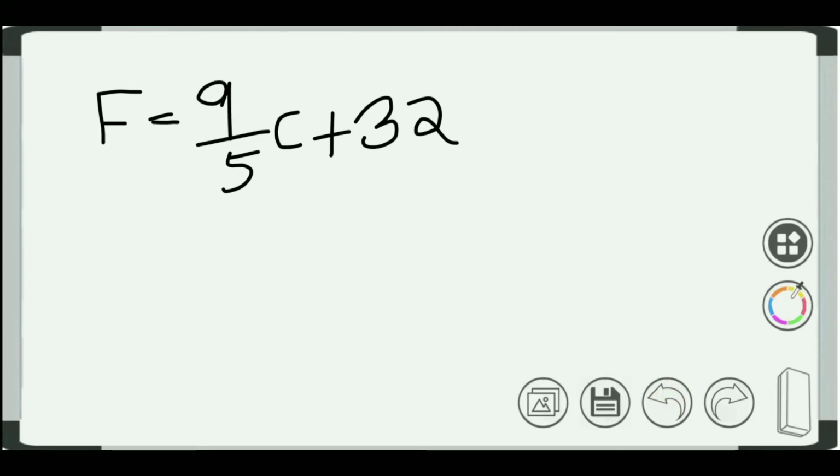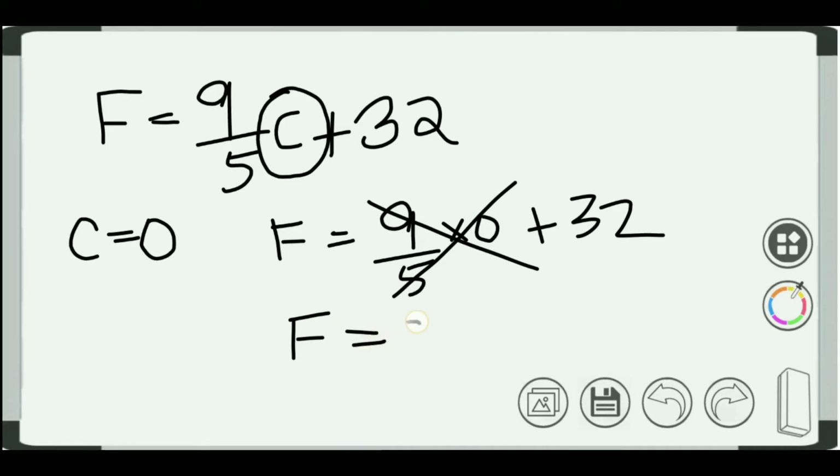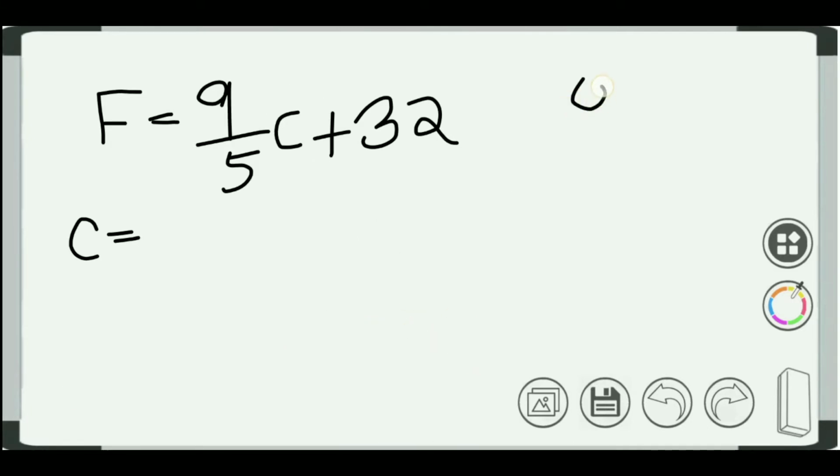First of all, I am taking C equal to 0. So when C is equal to 0, you can write F is equal to 9 by 5 into 0 plus 32. Into 0 means this got cancelled. So F is equal to 32. So your first point is 0, 32.